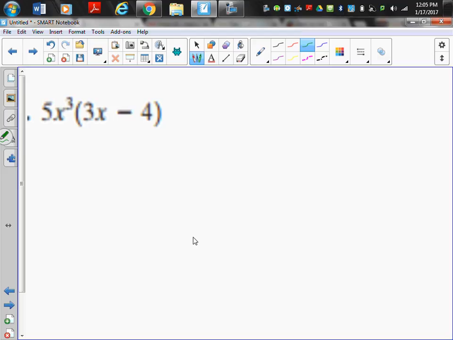So the first thing that you do is your distributive property, because we have one number on the outside of parentheses and an expression inside. All right, so you start with 5 times 3. That's 15. X cubed times x to the 1 is x to the 4.